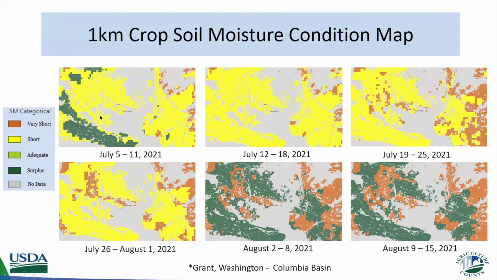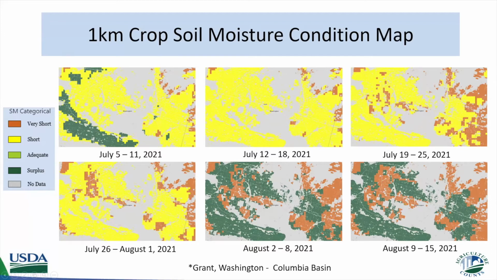This area is basically an irrigation area, so we can tell this area has a lot of irrigation activity. And this week, with no irrigation, the moisture condition is still kind of short, not a very short level.